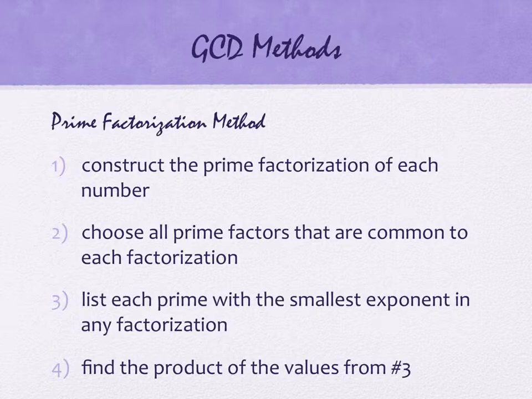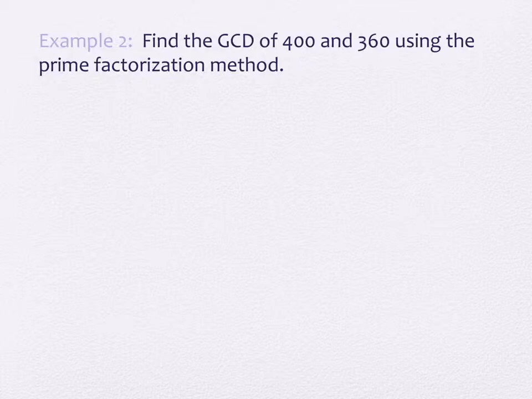The exponent you're going to give them is the smallest exponent from the numbers you started with. So if one number has an exponent of 2 and another number has an exponent of 4, you're going to use the 2. Okay? So you're going to use the smallest exponent. And then step 4 is that you're going to multiply that back out. Whatever you got in the prime factored form, you're going to multiply it out, and that's going to be your greatest common divisor.